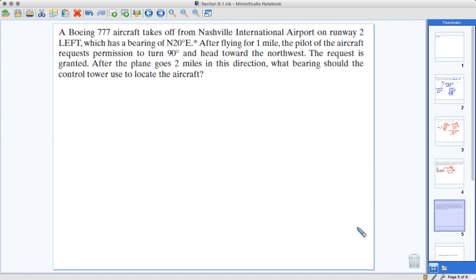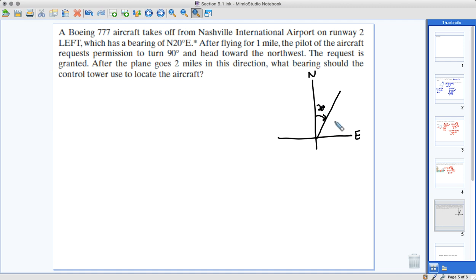All right, next one. You got a lot of information here. A Boeing 777 aircraft takes off from Nashville International Airport on runway 2 left, which has a bearing of north 20 degrees east. If I draw a picture, north is this way, east is this way. So north 20 degrees east means they're going this direction, where that's 20 degrees.